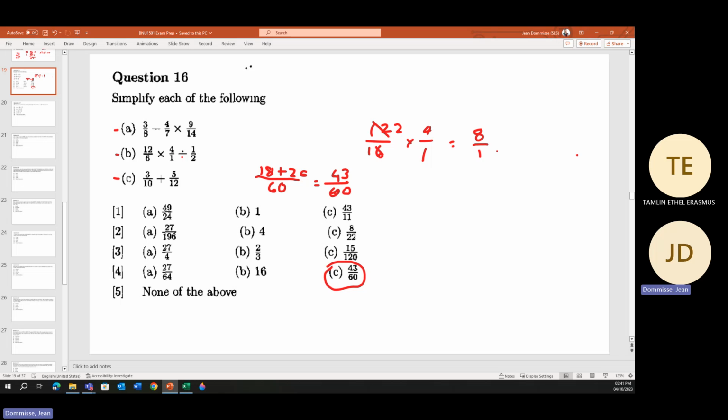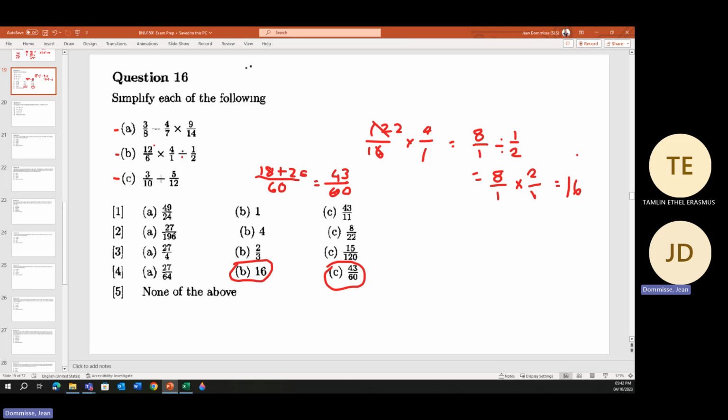And then if I need to divide by a half, we just change it: divide by a half is the same as multiply by 2 over 1. So we swap that around. So that answer is 16. Okay, so still in line with what we need to get there.